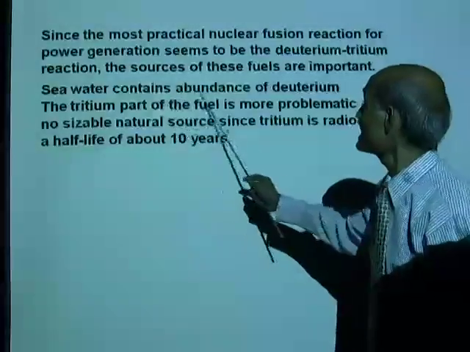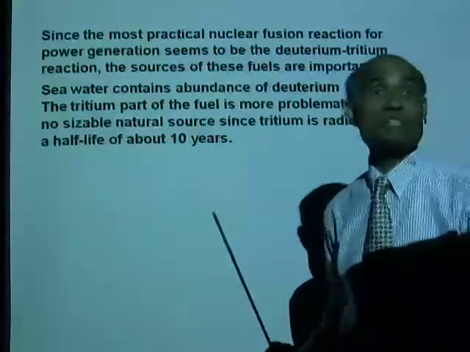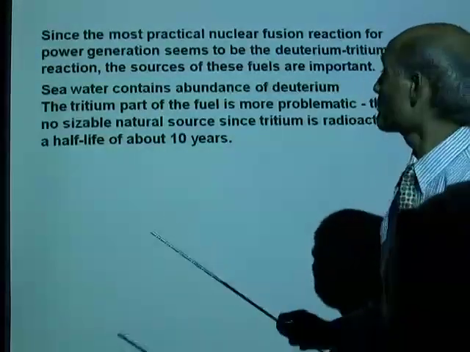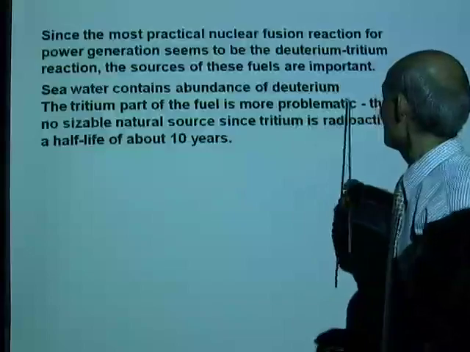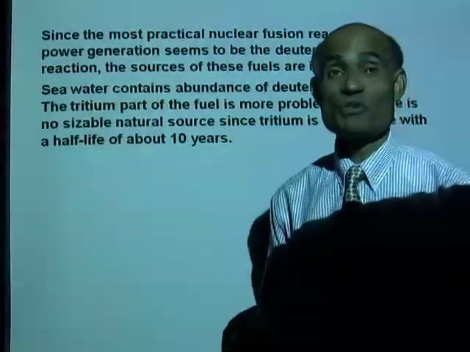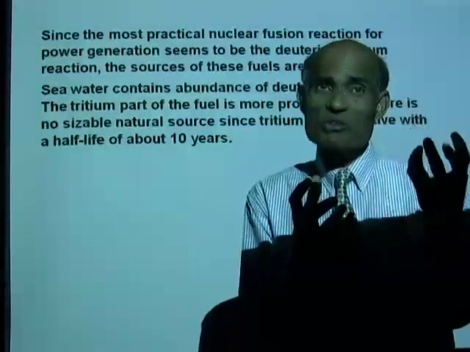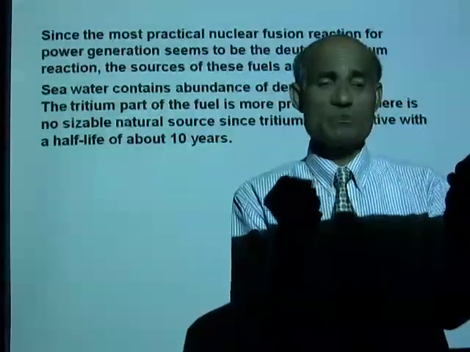Now, seawater contains an abundance of deuterium. And tritium is rather difficult to find. So if you want to produce nuclear fusion, the required fuel will be deuterium and tritium.